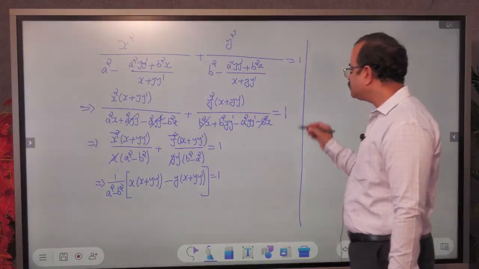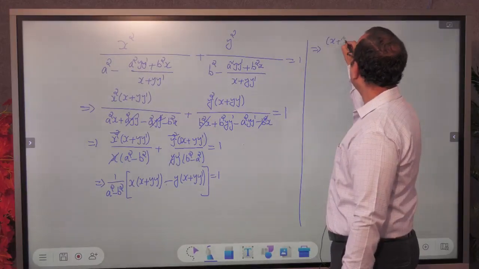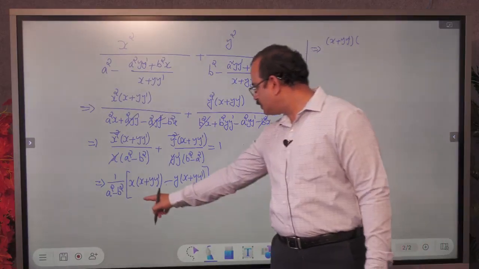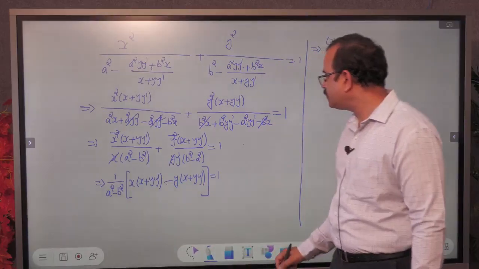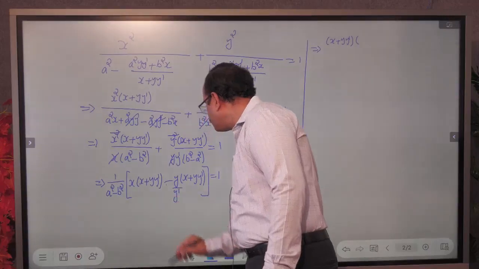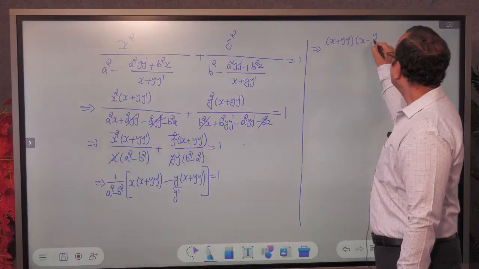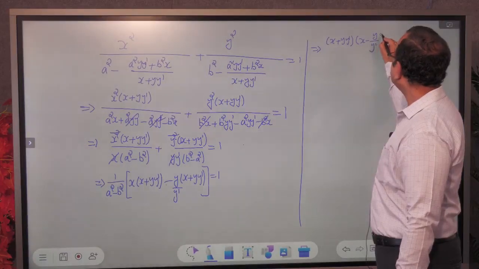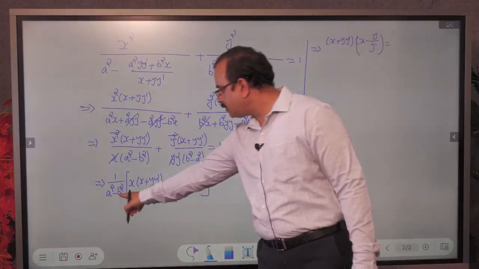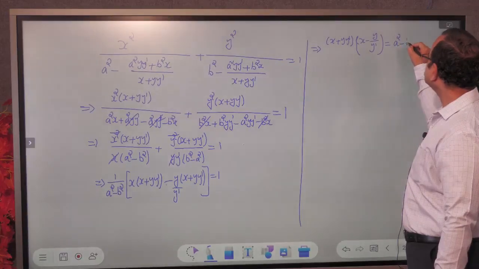Okay, so then if you take x plus y dash as common in the numerator, what is left over? Here we have x minus y by y dash, which is equal to, now you take it that a square minus y square b square, you can write it here a square minus b square.